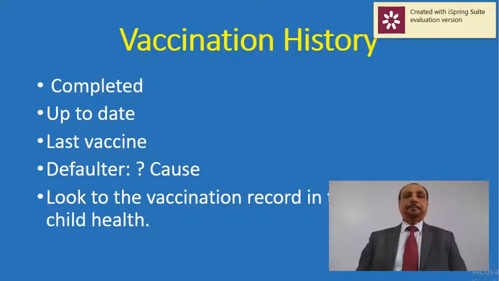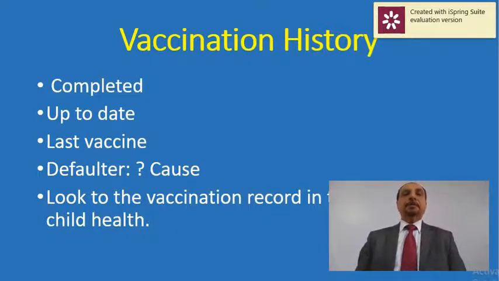It is very important to ask the mother to bring the child health book and to look for the vaccinations in this child's card. Again, you put the growth charts in this card, because the growth parameters will be written there. Instead of taking one time and plotting the growth parameters in the growth chart, you can put serial parameters, and we will know the growth velocity of the child, whether it is good or not.